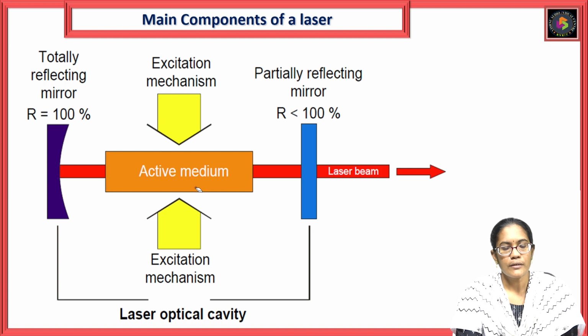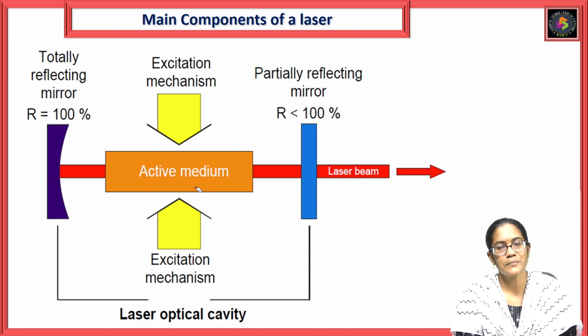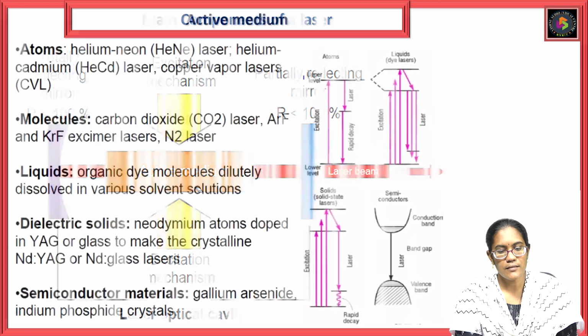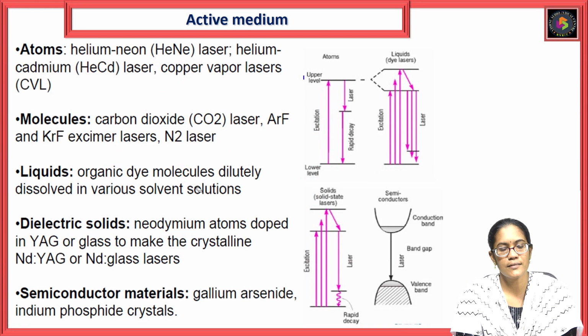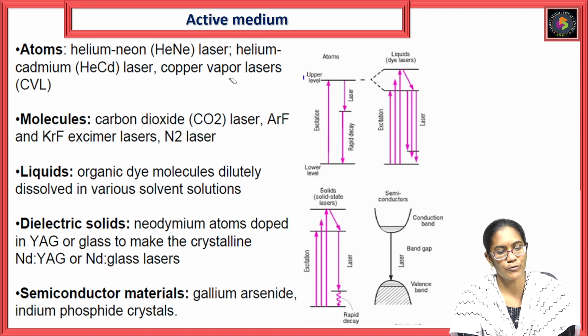Depending on the nature of the active medium, lasers are classified into different types. In the active medium, the atoms are available in different forms: atomic, ionic, or molecular. For example, in the helium-neon laser or helium-cadmium laser, the active medium is in atomic form.